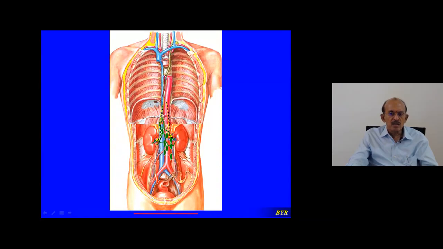So all this will drain into the thoracic duct. So when the thoracic duct is blocked, the chyle will regurgitate or reflux back into the lymphatics draining from the kidneys. So the lymphatics in the kidneys are now engorged because there is a reflux flow. They are engorged with chyle.